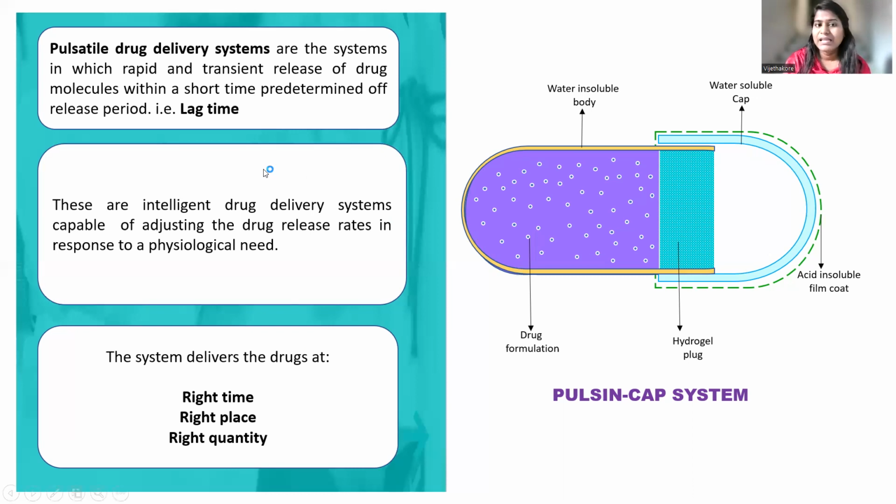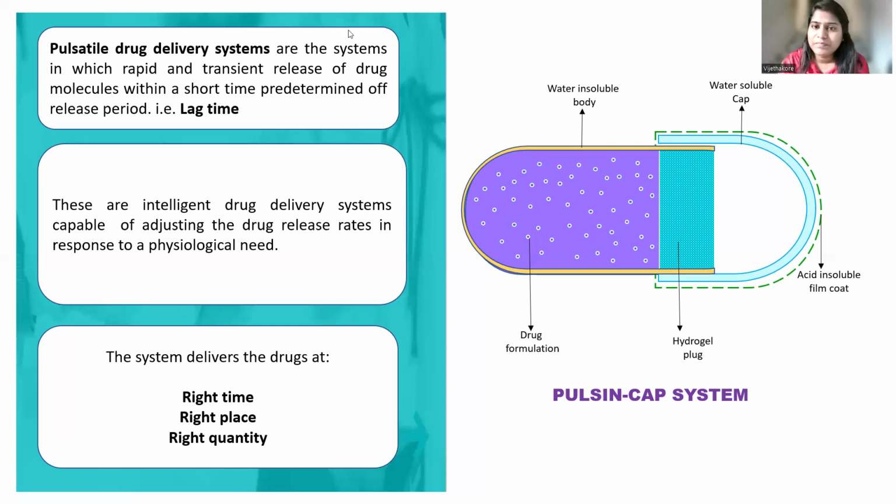So these are intelligent or smart drug delivery systems which are capable of adjusting the drug release rate in response to the physiological need. When the drug is needed by the body, the drug will be released out of the device. We'll design the dosage form in such a way. So the system delivers the drug at the right time, right place, and right quantity.